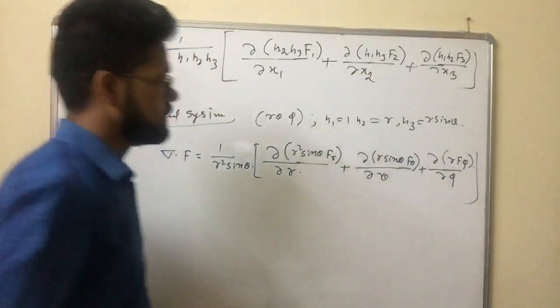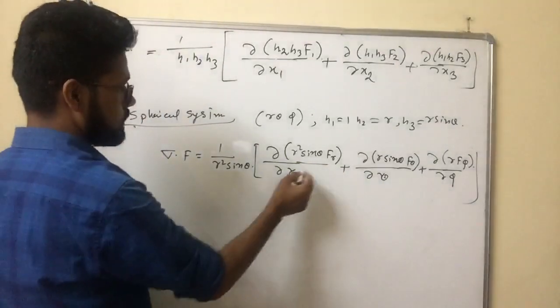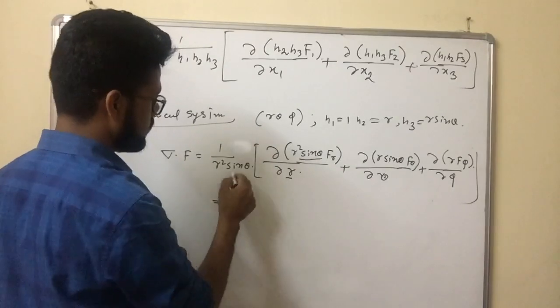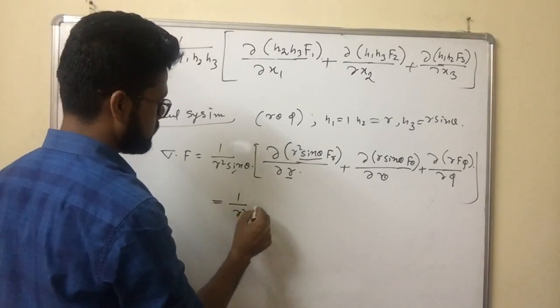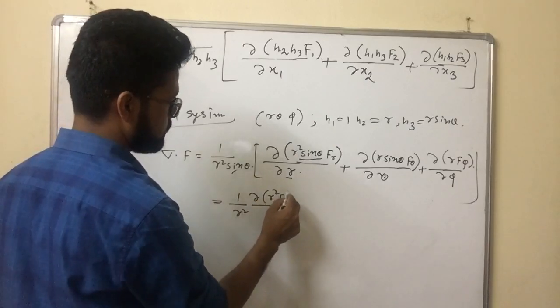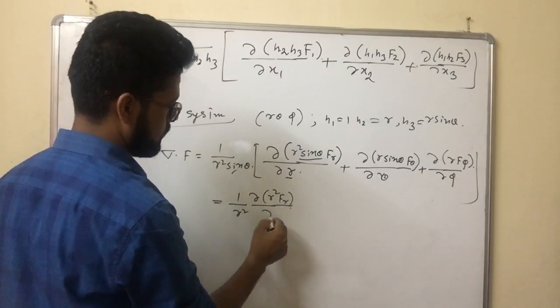This is very easy. So this is with respect to r, this is the term, sin theta will come out, so it will be cancelled out, 1 by r square, d by dr of r square F r; r square will not come out, okay.